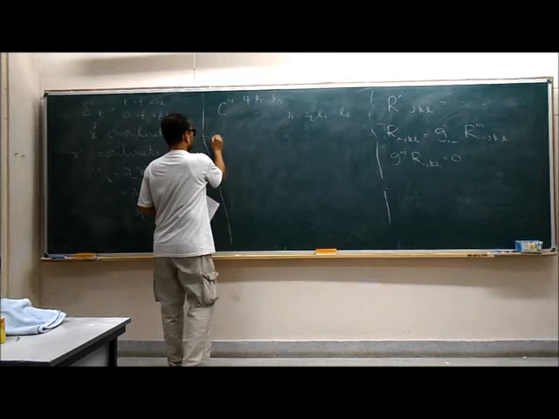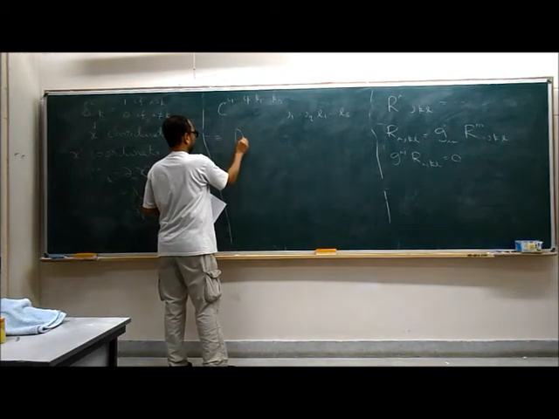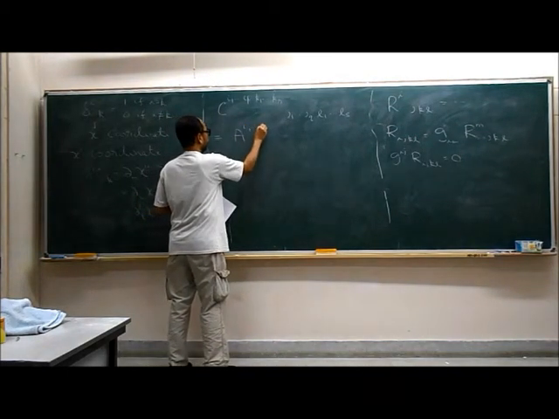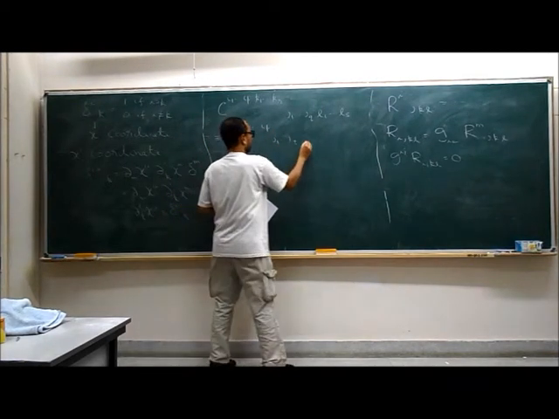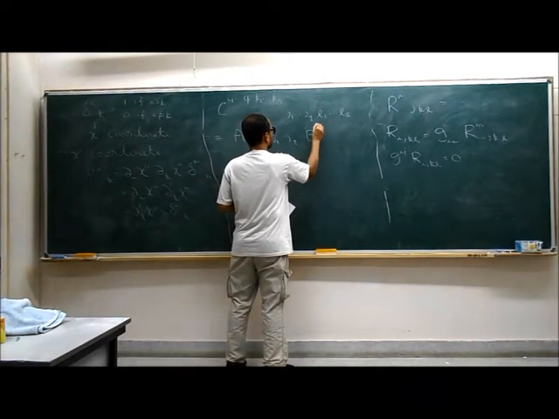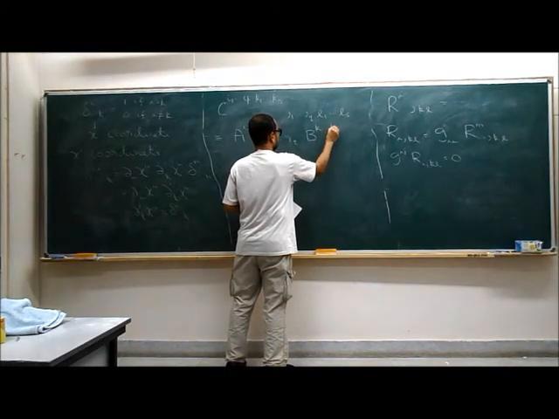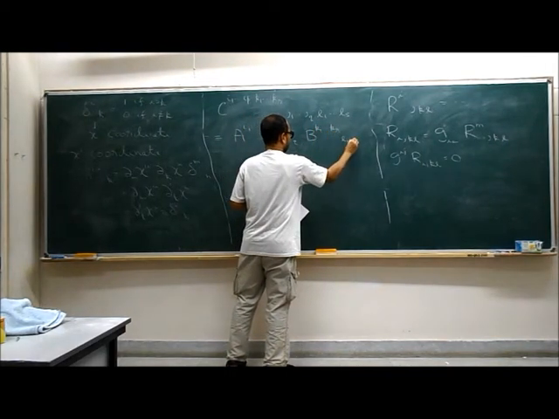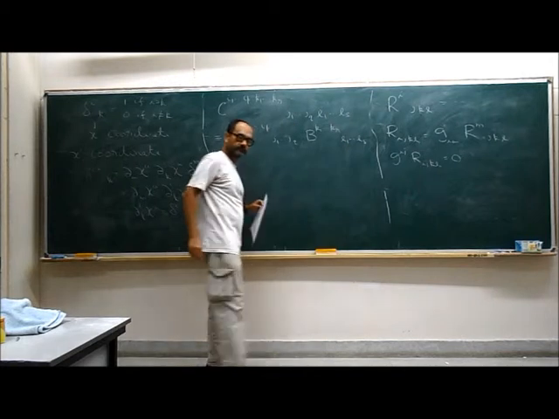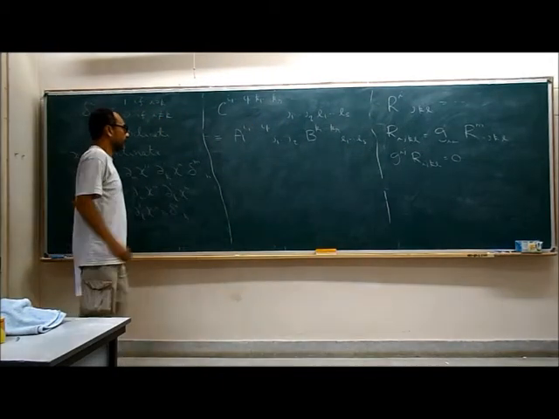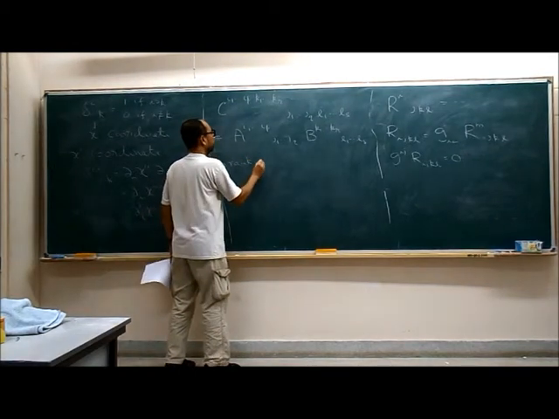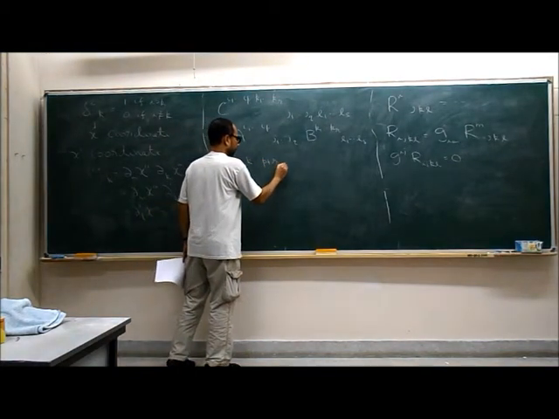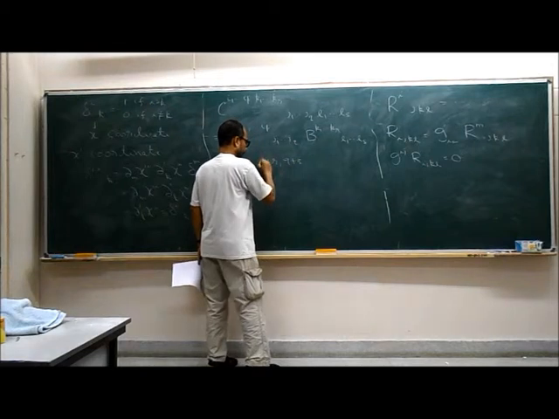By definition this is the product of A with indices i1 to ip, j1 to jq, and B with indices p1 to pr, l1 to ls. So this is a rank (P plus R, Q plus S) tensor.